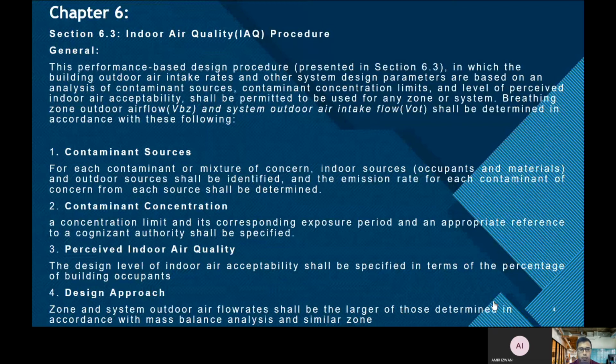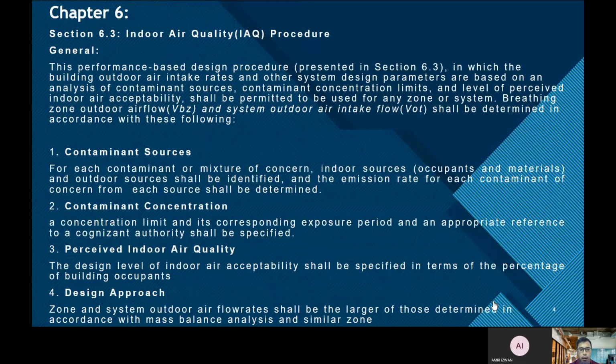For contaminant sources, for each contaminant or mixture of concern, indoor sources, occupant and material, and outdoor sources shall be identified, and the emission rate for each contaminant of concern from each source shall be determined. Contaminant concentration: a concentration limit and its corresponding exposure period and appropriate reference to authority shall be specified.